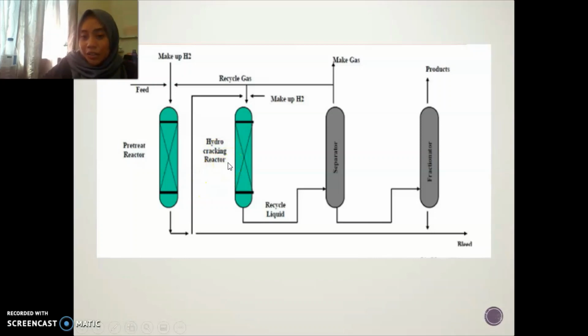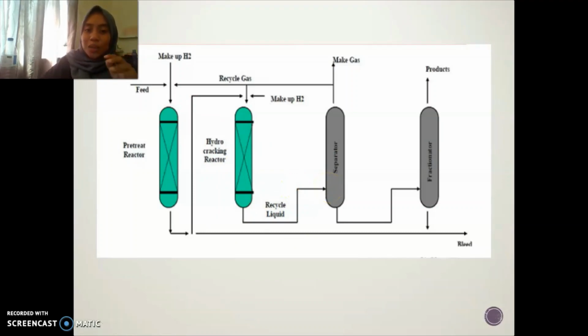Here at the hydrocracking reactor is where the cracking process takes place, and this is where the feedstock is cracked into gasoline range material.